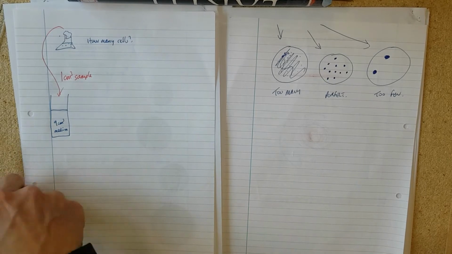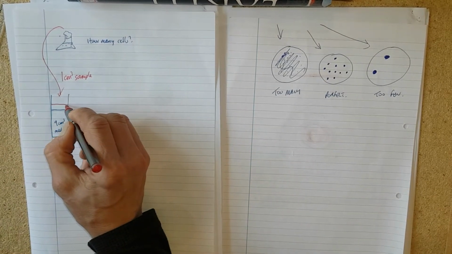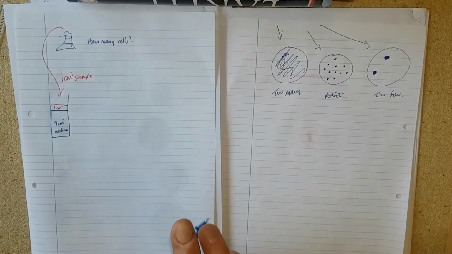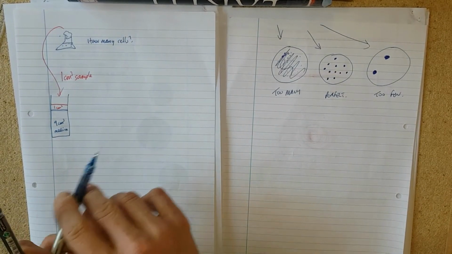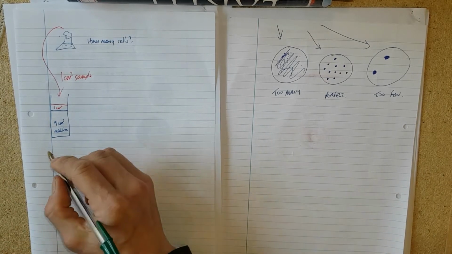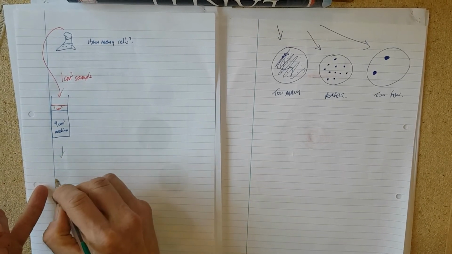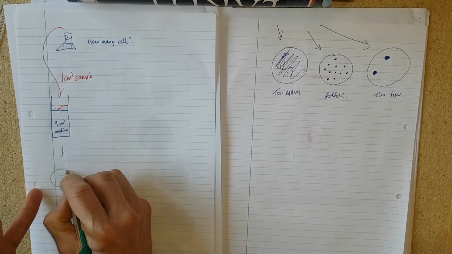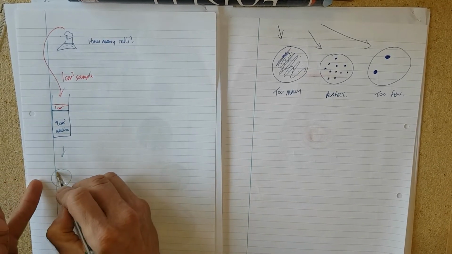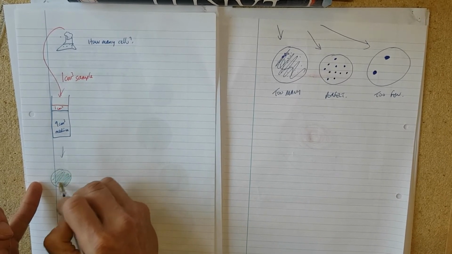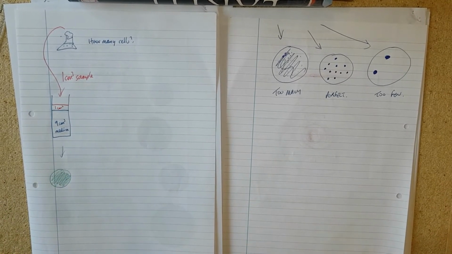Okay, so our 1 cm cubed goes in there. But even then, if we plated that onto our agar, probably that's still not going to be dilute enough. It's still going to give you a jumbled mix of bacteria.